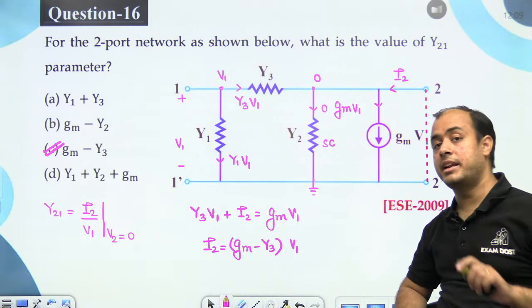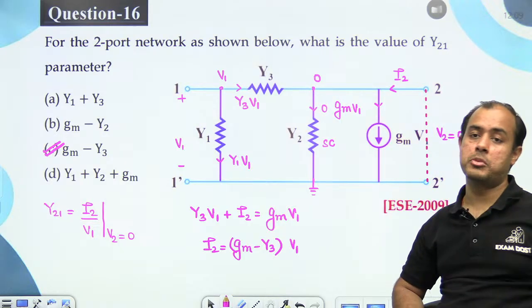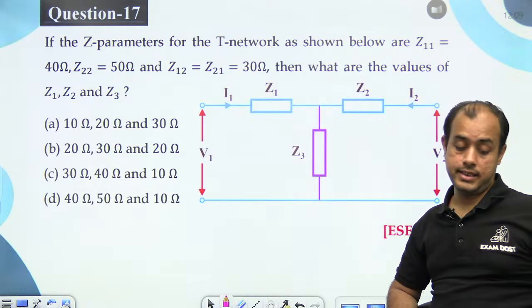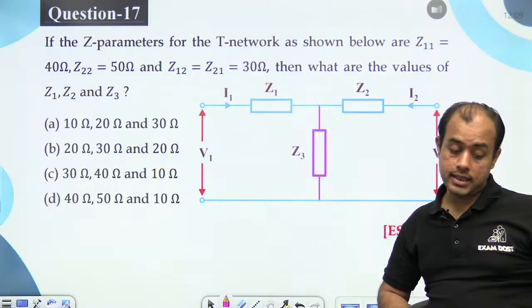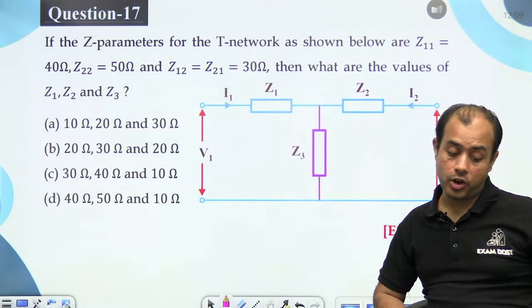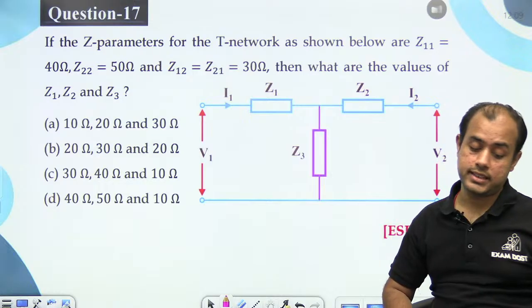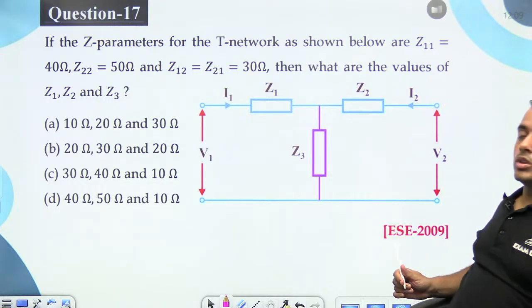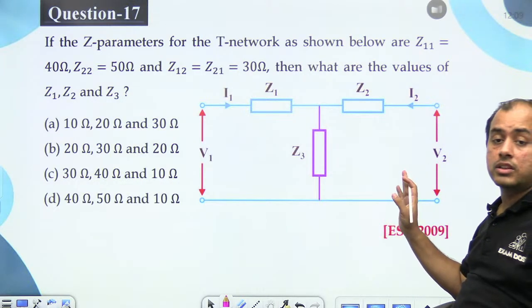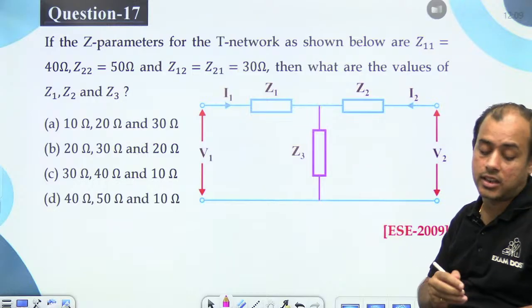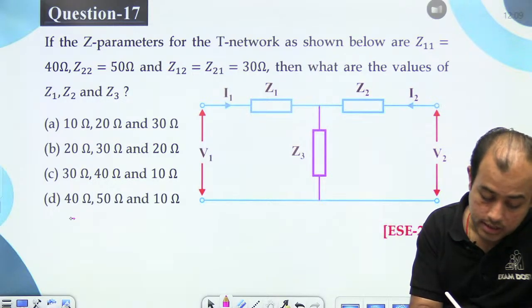Whenever one parameter is asked, directly apply its formula. Okay? If the Z parameters are 40, 50, 30, what are the values of Z1, Z2, Z3? ESE 2009, again very easy because we directly know the Z parameters of a T network.